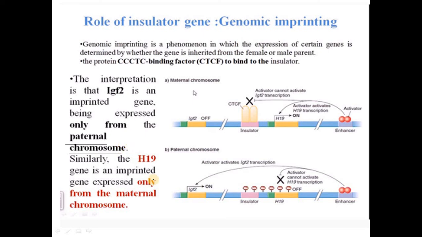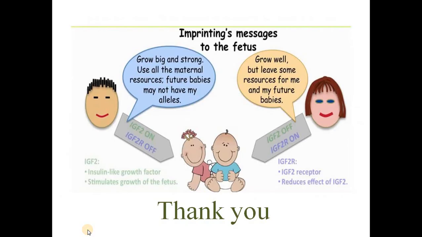Similarly, another gene, H19, is expressed only from the maternal chromosome. In this figure you can observe how the IGF2 gene is switched on and switched off. And in the last figure, you will see how this imprinting message to the fetus is given either from the mother or the father.